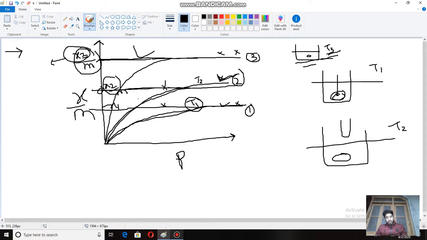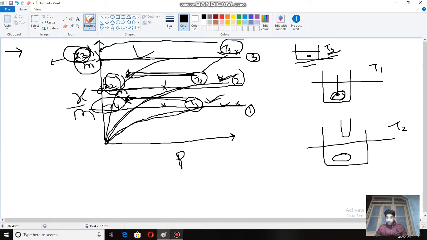Now this x1 is less than x2, which is less than x3. That means this T1 should be greater, because at higher temperature the amount of adsorption will be less. This T2 will be greater than T3, because the amount of substance adsorbed at T2 is less than the amount adsorbed at T3.